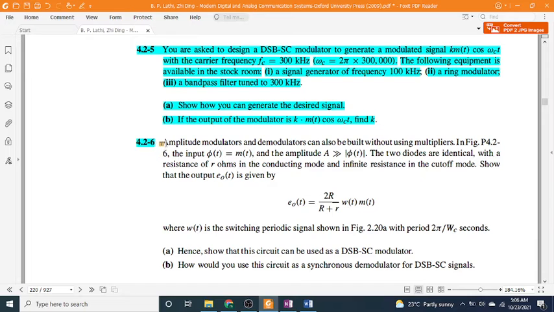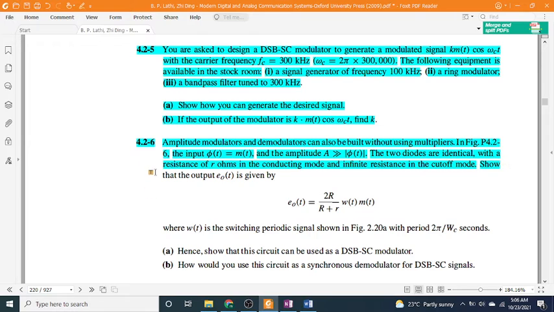Problem 4.2-6: amplitude modulators and demodulators can also be built without using multipliers. In Fig. P4.2-6, the input is e(t) = m(t) and the amplitude A ≫ |m(t)|. The two diodes are identical, with a resistance of R ohms in the conducting mode and infinite resistance in the cut-off mode.